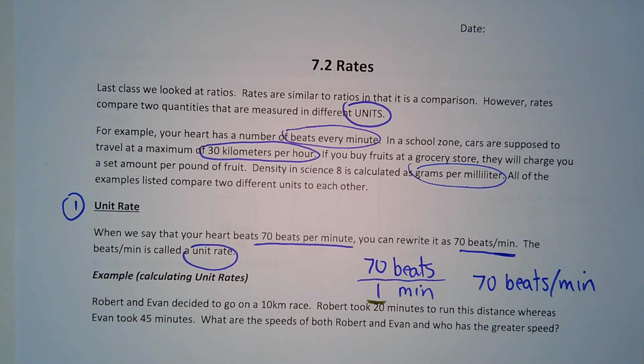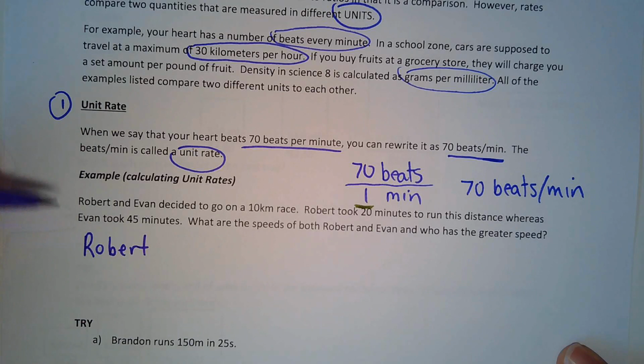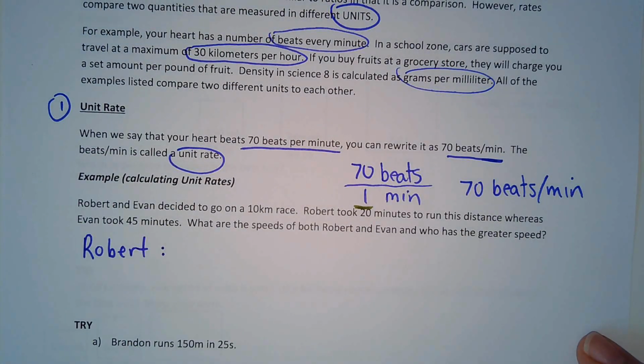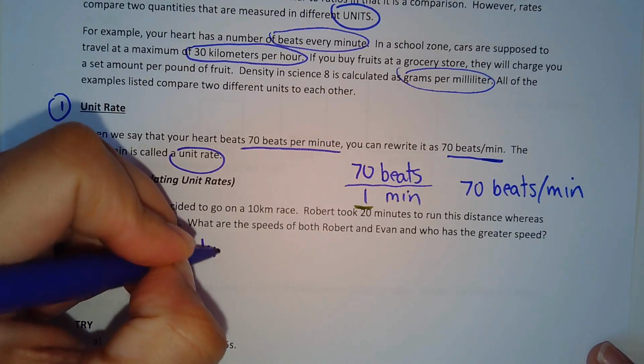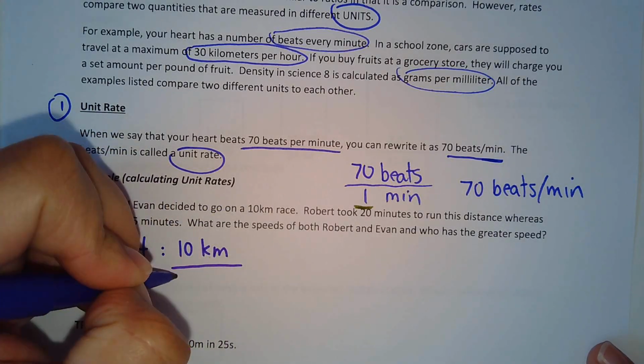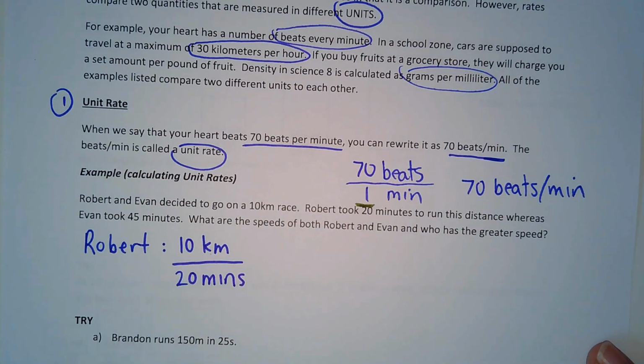Okay, so let's start with Robert first. Typically when we're dealing with rates, time will always go on the bottom. You'll get used to this as we go through the examples. So Robert ran 10 kilometers in 20 minutes. Now we want to know his speed or his kilometers per 1 minute.